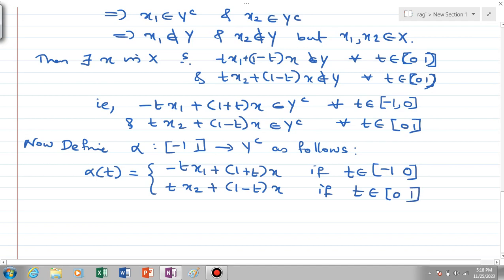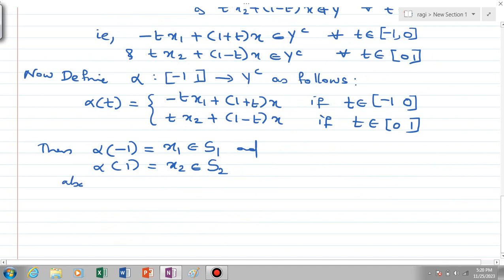Then alpha of minus 1, when t is equal to minus 1, we get x1, which is an element of S1, and alpha of 1, when t is equal to 1, we get x2, which is an element of S2.